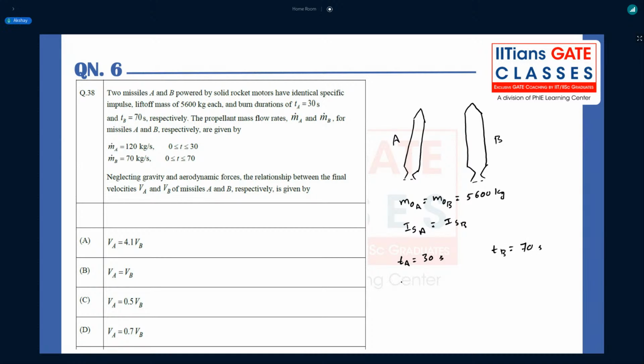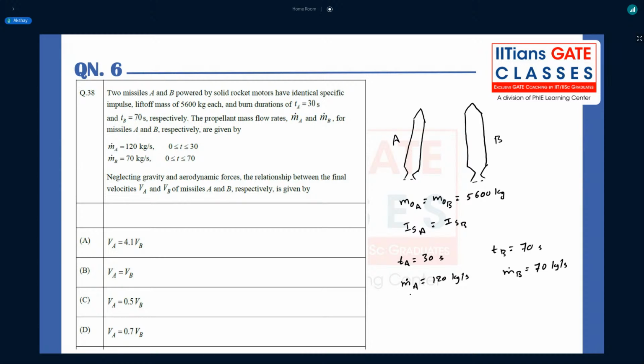And this has a propellant mass flow rate of 120 kg per second, whereas missile B has a propellant mass flow rate of 70 kg per second.